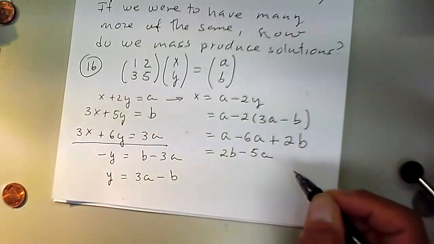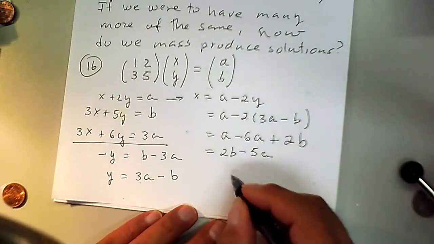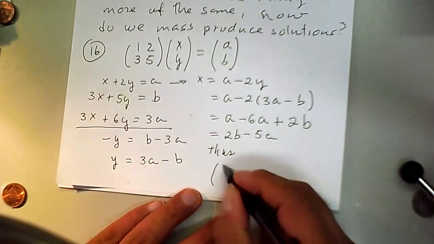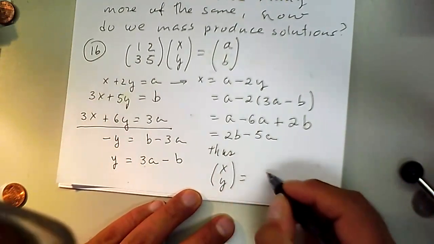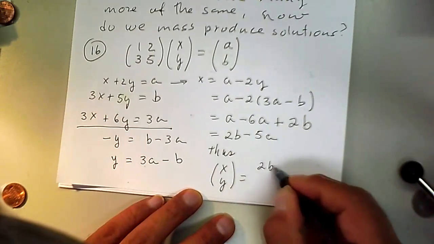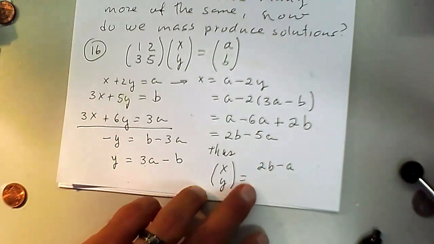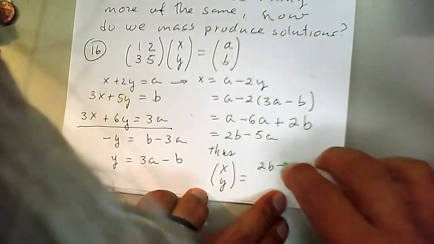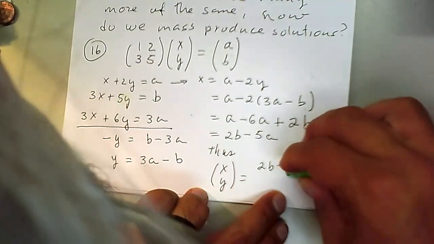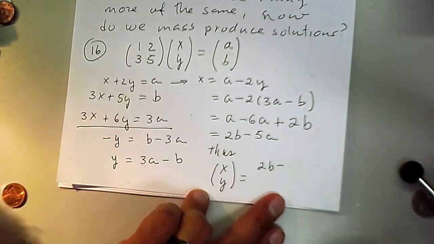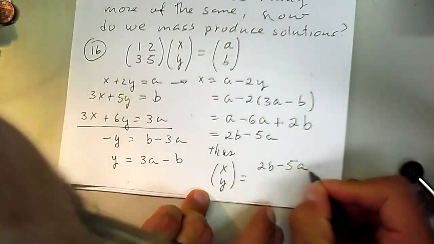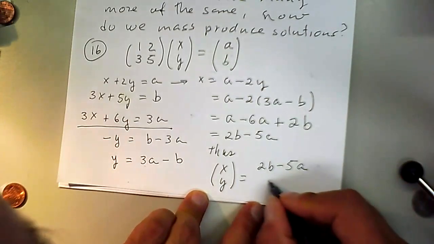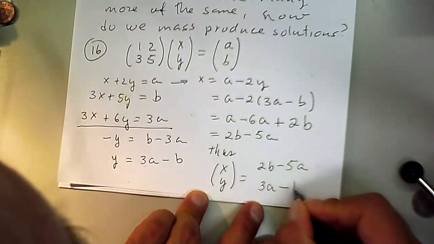All right, so xy will be 2b minus 5a, and y is 3a minus b.